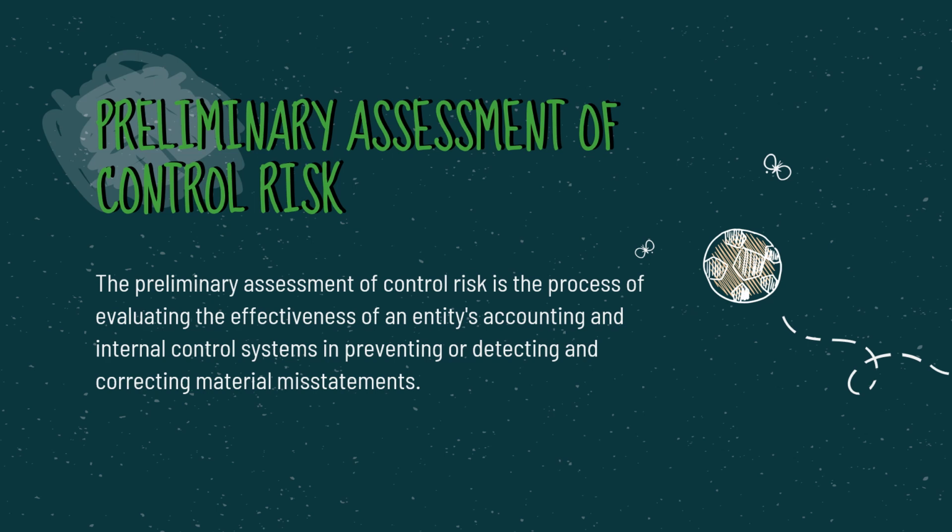This is the most important thing. The auditor will not be entitled to place any reliance on internal controls based solely on the preliminary assessment of control risk. They will carry out tests of control to obtain reasonable assurance that the controls on which they wish to rely were functioning both properly and throughout the period.